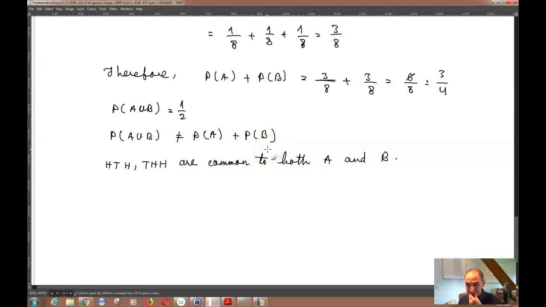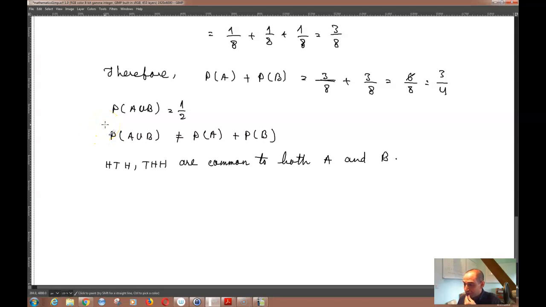So once you're including this HDH here, and again you're including it here, and the same thing for the other point, and that results in this not being an equality, right?